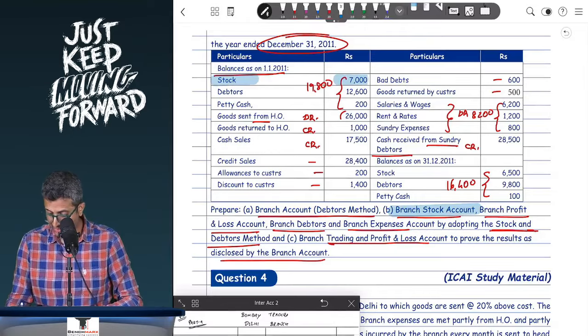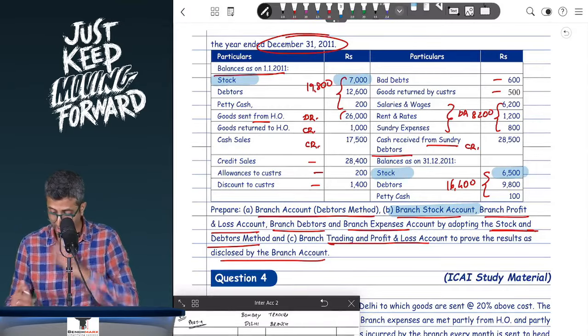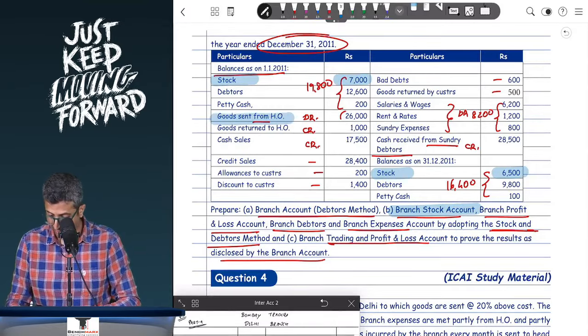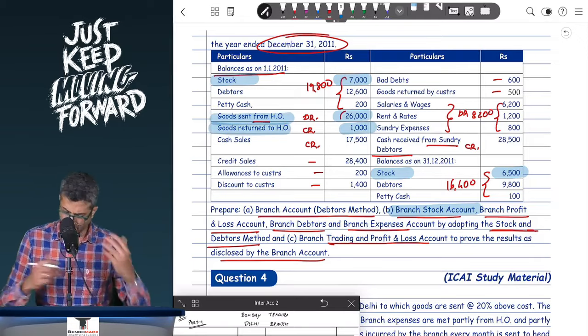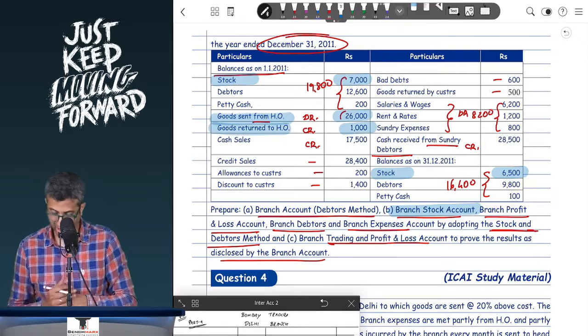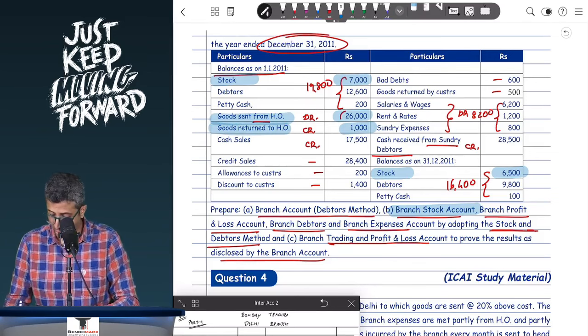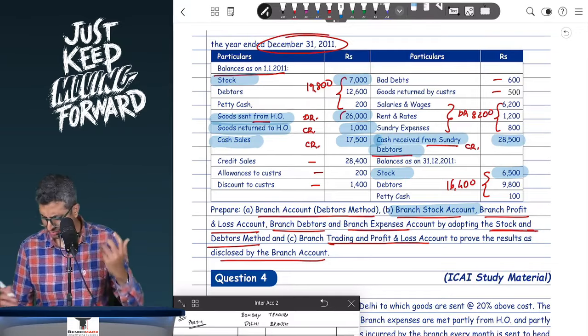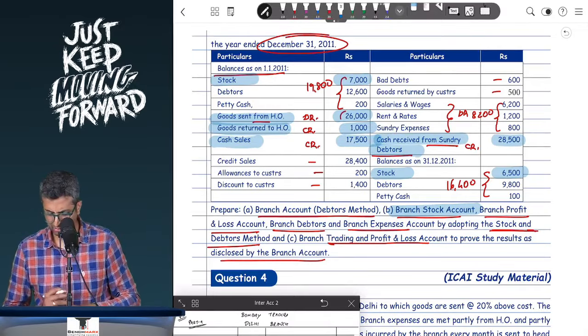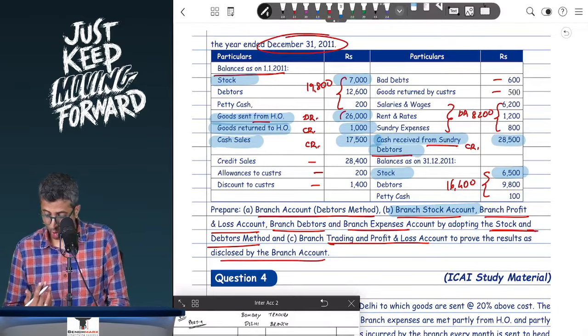Okay. Next, when you look at the stock and debtors method, you start with the branch stock account, where you will have 7,000 opening, 6,500 closing, and 26,000 goods received on the debit, 1,000 on the credit. Apart from that, you will also have cash sales on the credit. Also, you will have cash collection from debtors, or rather, I would say sales, over here on the credit.